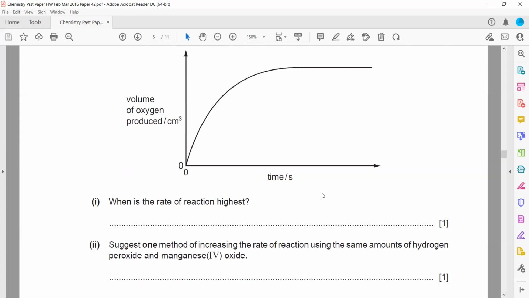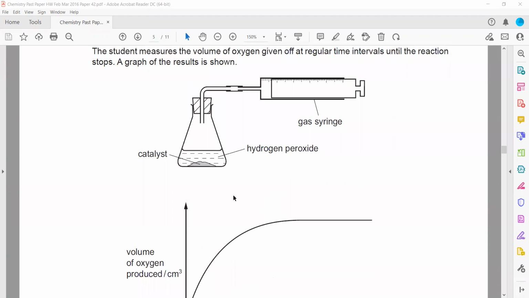Suggest one method of increasing the rate of reaction. For any reaction, the rate is fastest at the beginning, because in the beginning you will have the maximum number of particles, so it will always be faster at the beginning.